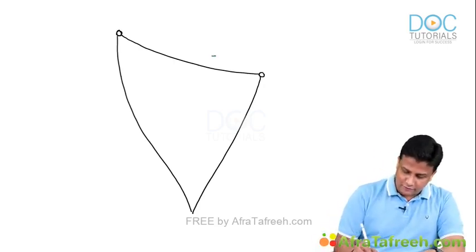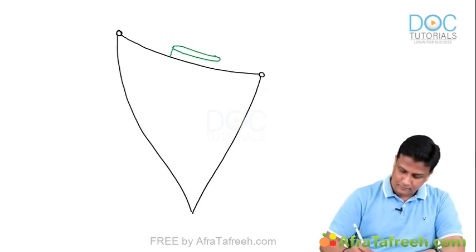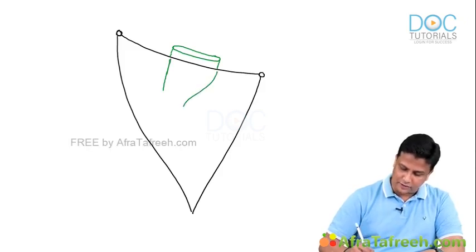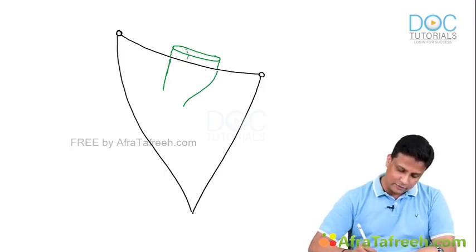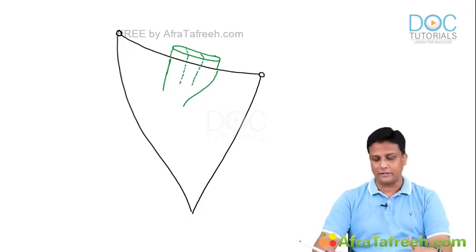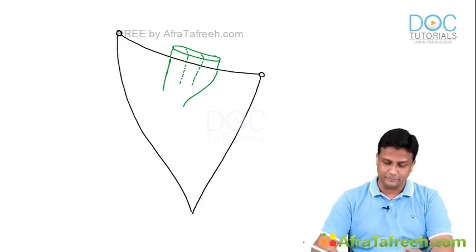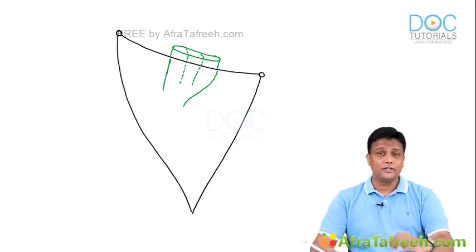Just imagine the femoral sheath somewhere over here. That's your funnel shaped femoral sheath, guys, and it is enclosing the structures present over here. Now this femoral sheath will be divided into 3 compartments inside: the medial compartment, the intermediate compartment, and the lateral compartment. But what are the structures passing through?